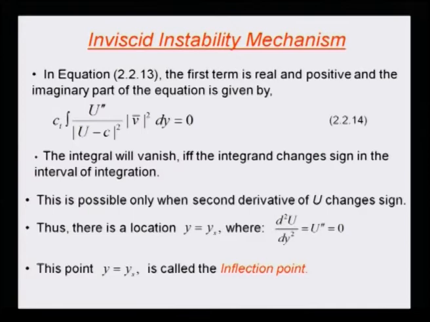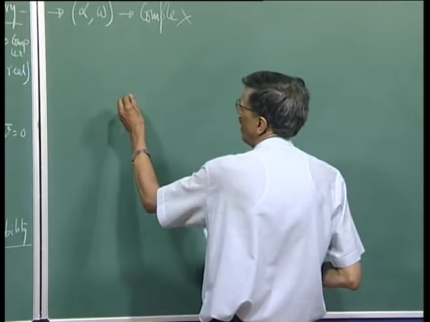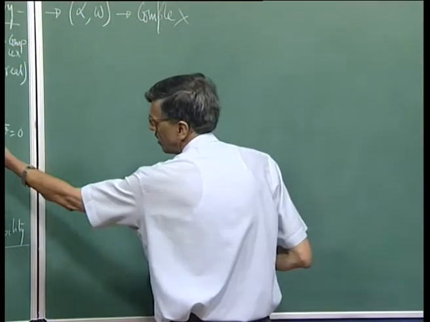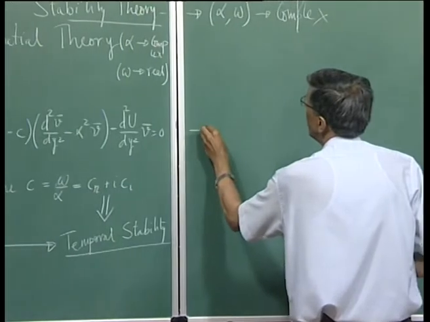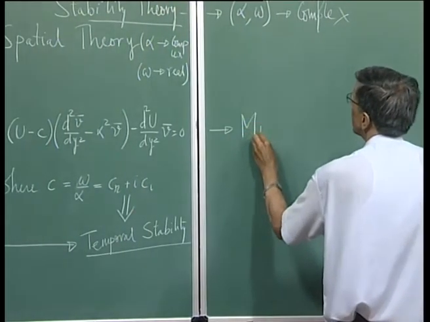What Rayleigh did was the following: he multiplied the stability equation by the complex conjugate of the amplitude of this. So, basically what we have is, I have written it down here. So, what we do here, we multiply this equation by v bar star.